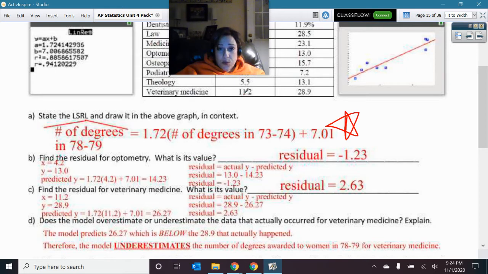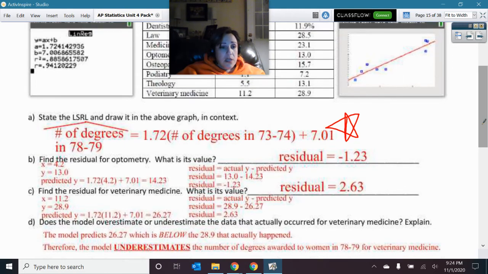Same thing here. Veterinarian medicine, the X is 11.2, the actual Y is 28.9. Plug it into the equation to get the predicted Y. Then come into your residual equation, actual Y minus predicted Y gives you your positive 2.63. So, does the model overestimate or underestimate the data that actually occurred for veterinarian medicine?